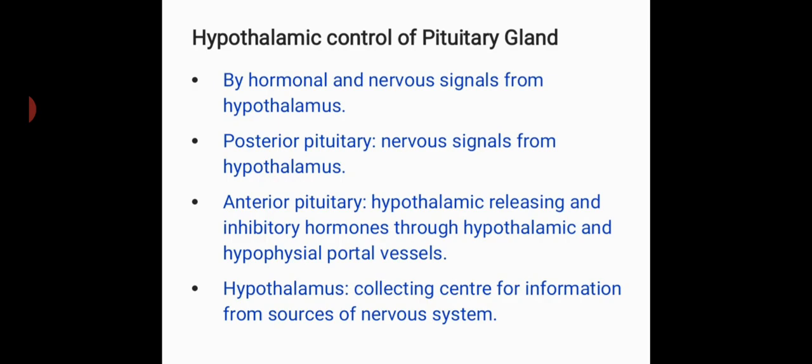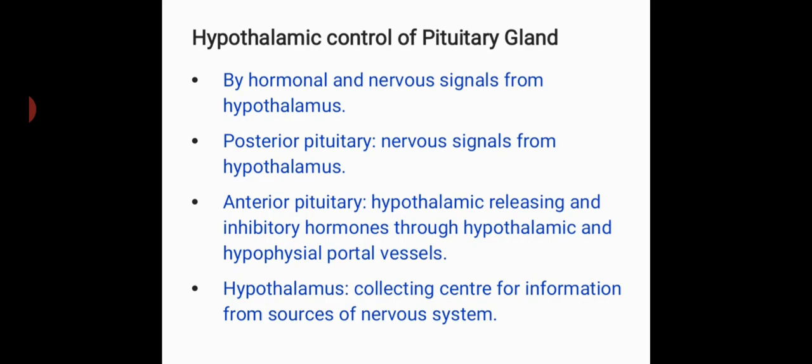Hypothalamic control of pituitary gland. Almost all the secretions of pituitary gland are controlled by hypothalamus. Secretions from posterior pituitary are controlled by nerve signals that originate in hypothalamus and terminate in posterior pituitary.